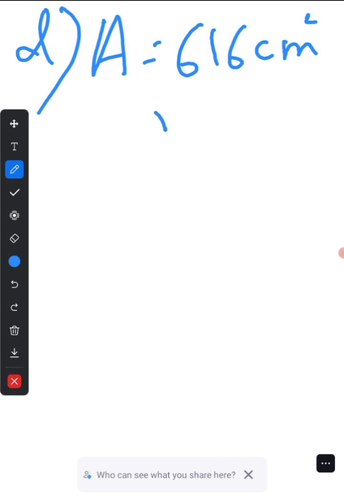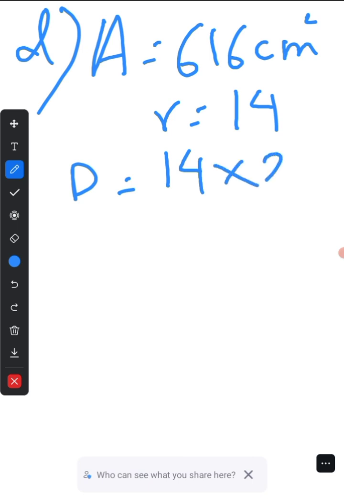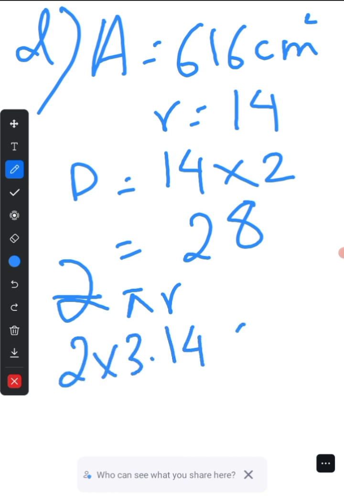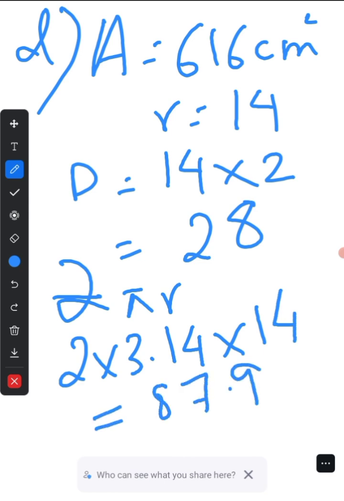So if I know that my radius is 14, the diameter is going to be 14 multiplied by 2, right? So what do I get? 28. Now for the circumference, I will be using the formula 2 pi r. 2 multiplied by 3.14 multiplied by 14. 87.92 centimeter is my final answer.